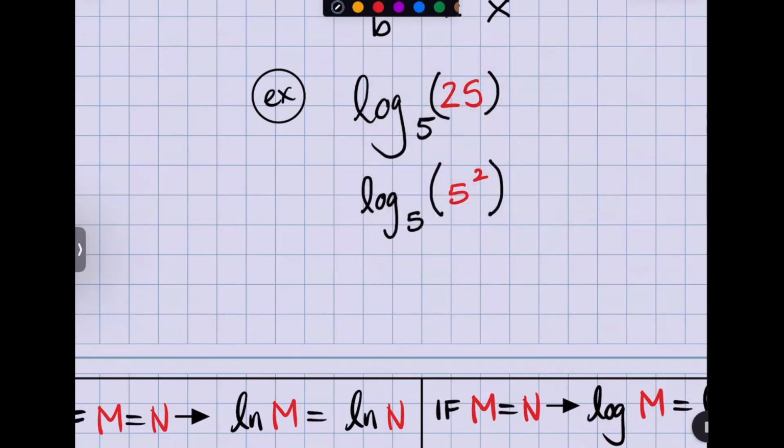So now you see the log base 5 and the 5 are opposite operations. So this is just going to come out to be a 2. Does that make sense? Yes?